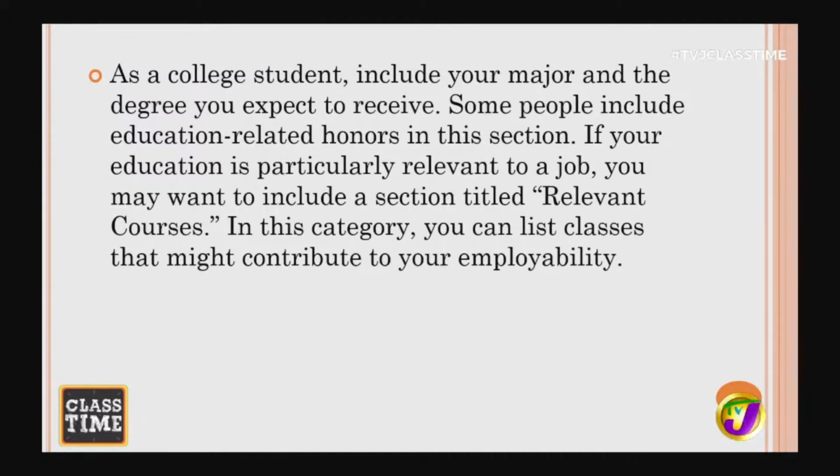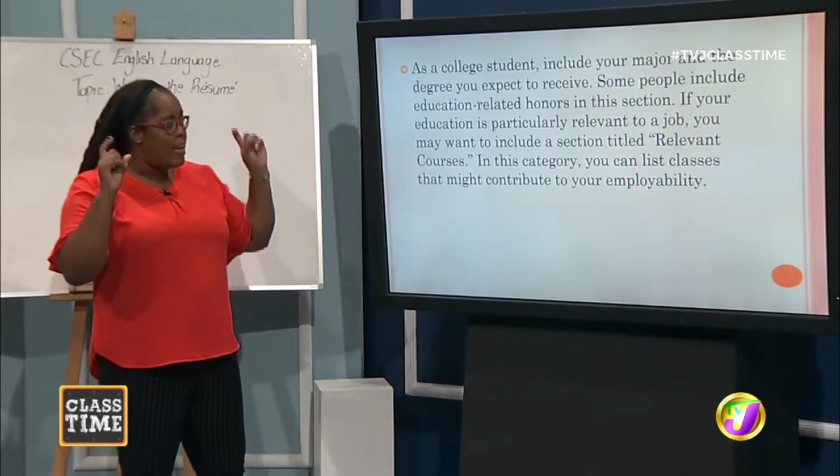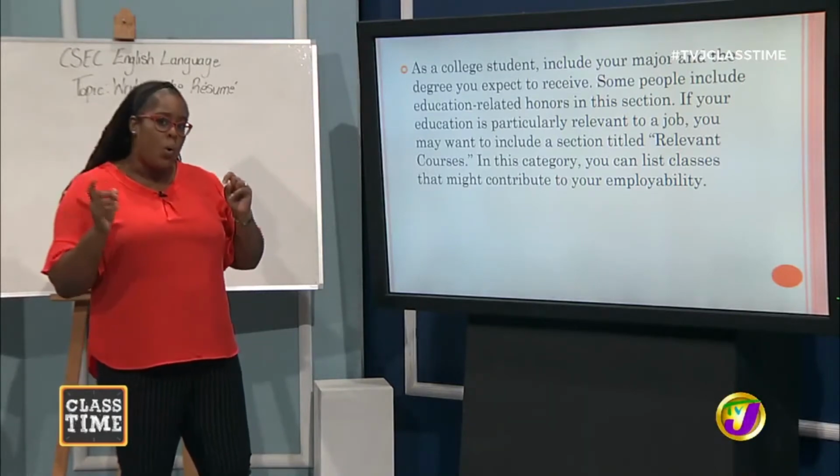In this category, you can list classes that might contribute to your employability. So this is a part of selling yourself. So you're adding things on to make yourself more marketable, all right? So if you did some courses that would help you in this particular field, you can include it under education as well and give it the title Relevant Courses.